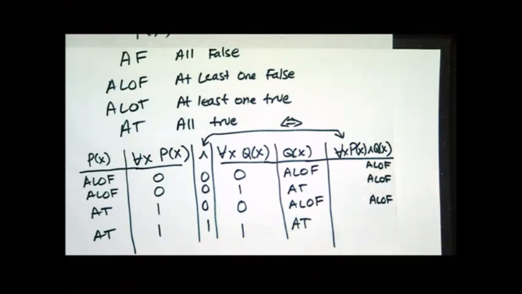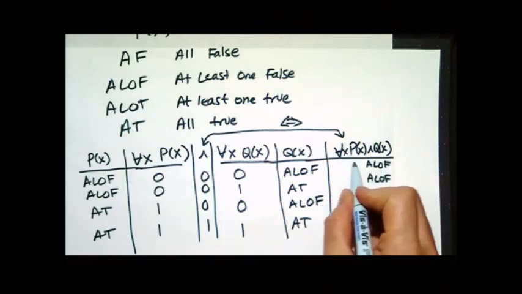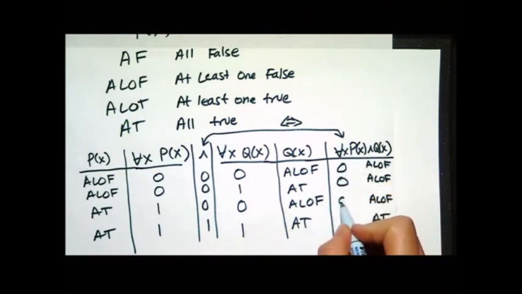The last one. I'm going to have P of x is always true and Q of x is always true. That means no matter what I plug in, I get a true. And a true AND a true always gives me true. So I'm going to get an all true if I AND those together. So we're going to talk about those some more next time, but just remember now we're going to look at this quantifier and say, oh, that's at least one false. So for the for all quantifier that gives me zeros, and for all true it gives me a 1. And we'll see you next time.